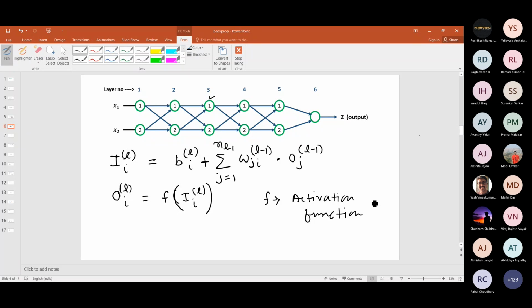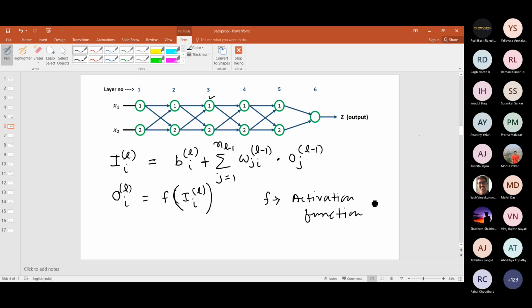The way it works: when you are training a network, you have a bunch of samples, that means feature vectors and the corresponding output labels in the training data, and you have the initial values of these parameters, which you randomly initialize. Then you can apply this formula and compute the input and output of each and every neuron in the network.